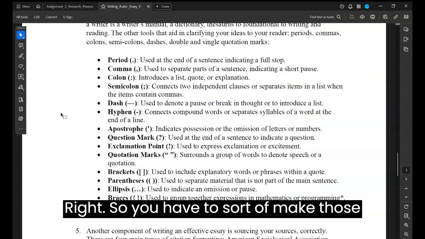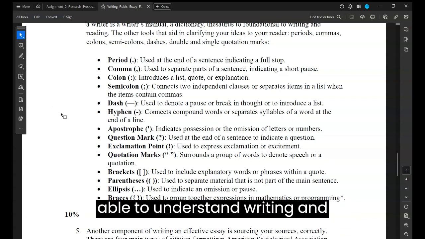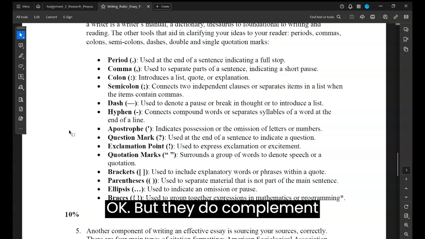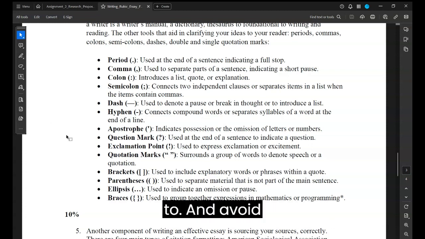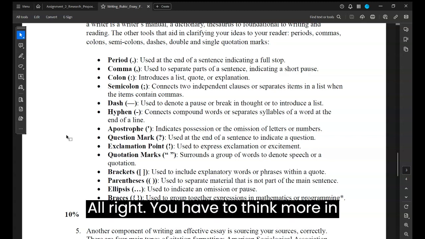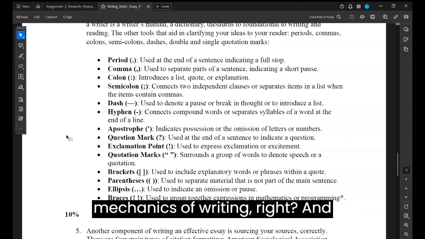So you have to make those distinctions and see how you're able to understand writing and also language. Okay, but they do complement each other. So make sure that you pay attention to and avoid writing the way that you speak. All right, you have to think more in terms of grammar and all those other mechanics of writing.